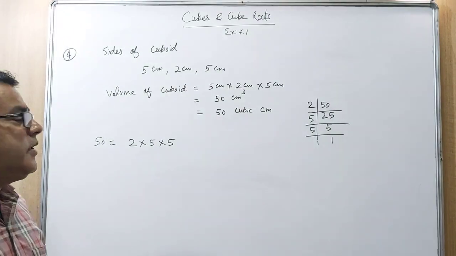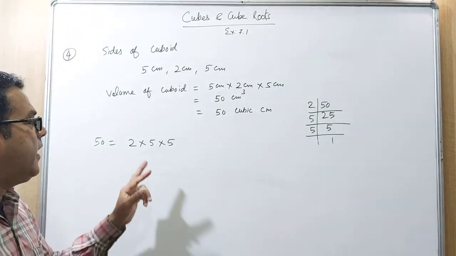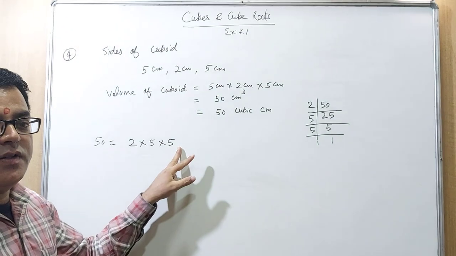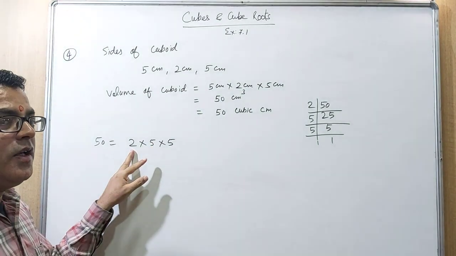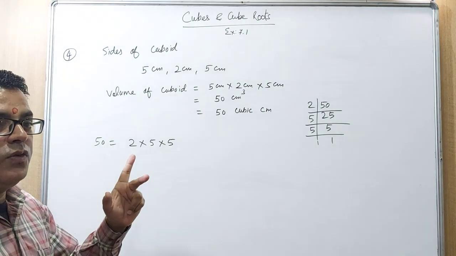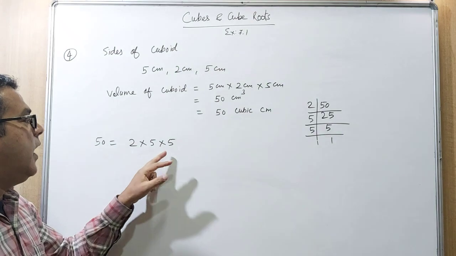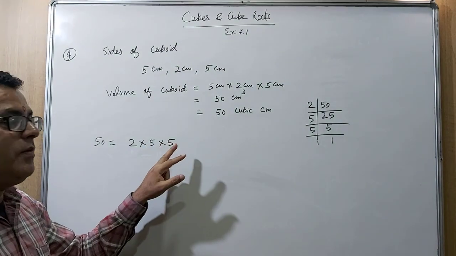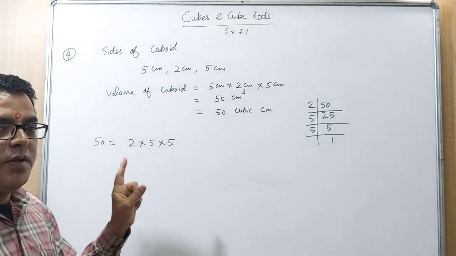It means we need two more 2s and one more 5 to make triplets. Hope you understand. Since this 2 is alone here, if we had 2 more 2's, then only we can make a triplet of 2, and here one 5 is less. It means if we have 1 more 5, then only we can make a triplet of 5.